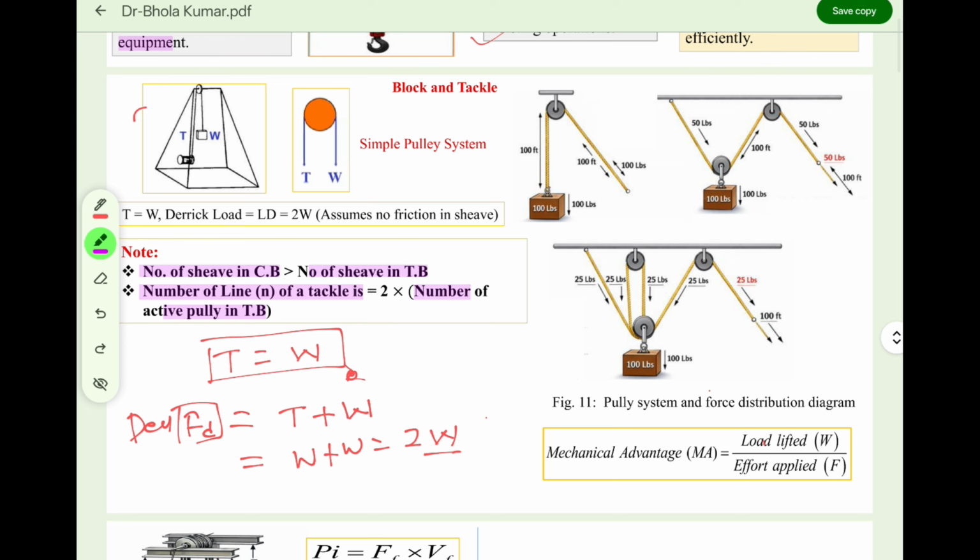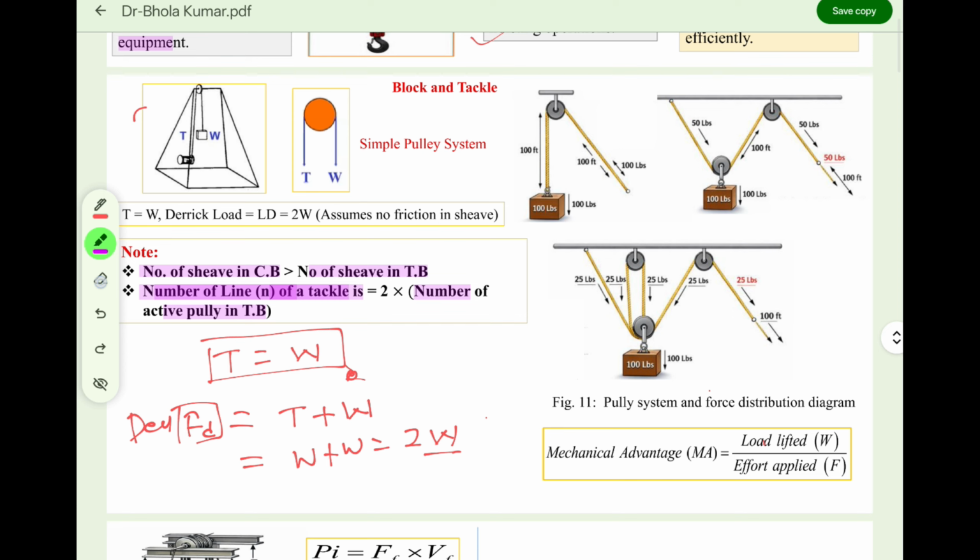We will discuss this thing, don't worry about active pulley. What will be the number of lines, मतलब कितने नंबर ऑफ लाइन्स होंगे उसमें, उसका फॉर्मूला क्या है? 2 इंटू नंबर ऑफ एक्टिव पुली. Active pulley means the movable pulley; how many movable pulleys are moving, that you can calculate to find the number of lines in the tackle. Tackle means the block and tackle system.